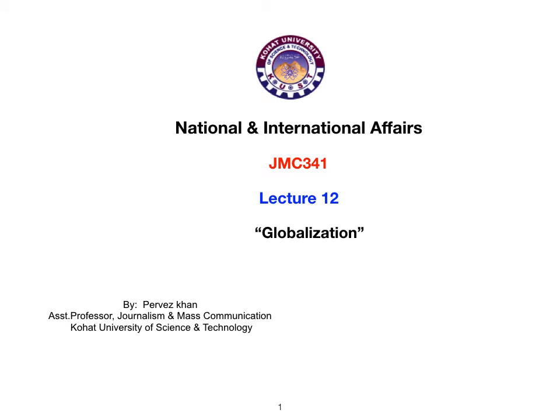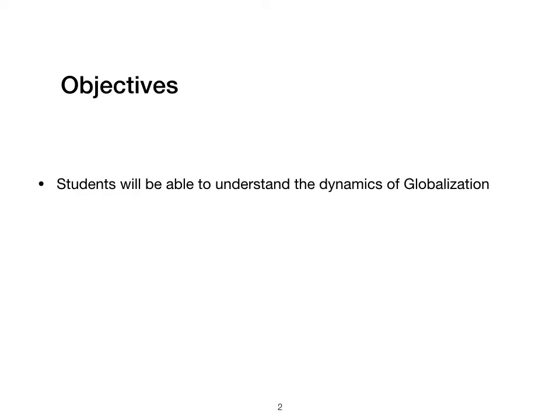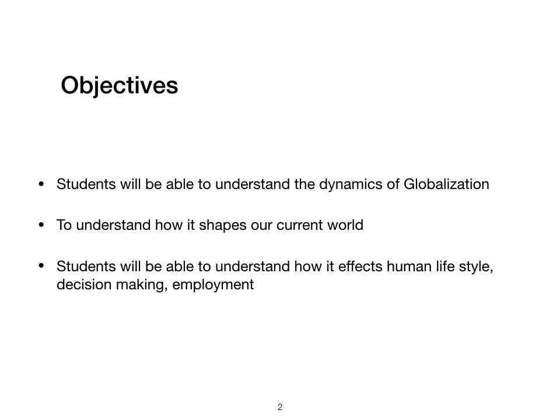So before we start our session, we'll be talking about objectives, that is, what the students will gain after attending the session. They'll be able to understand the dynamics of globalization and how it shapes our current world. Students will also be able to understand the effects it has, especially how it affects human lifestyle, decision making, and employment related issues.